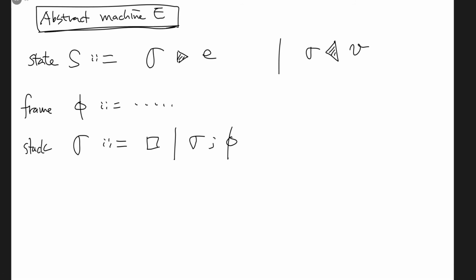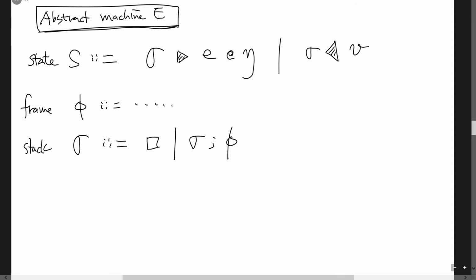So we have a new component here, environment eta. So the interpretation of the first state is we have accumulated this stack of frames so far by analyzing the structure of a given expression.